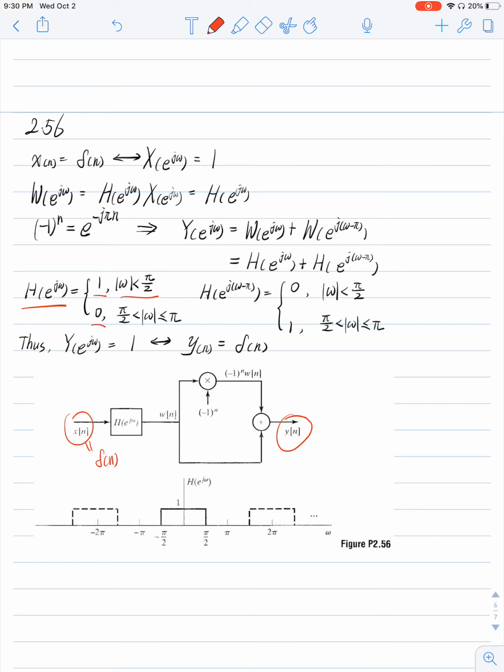Because x[n] equals delta[n], the Fourier transformation of x[n] is 1.